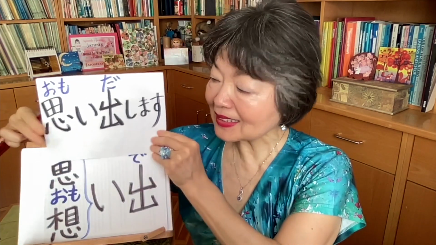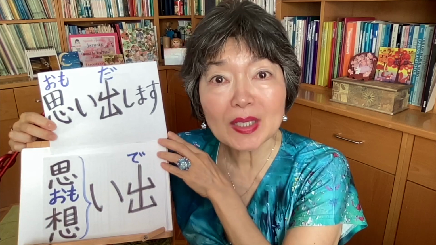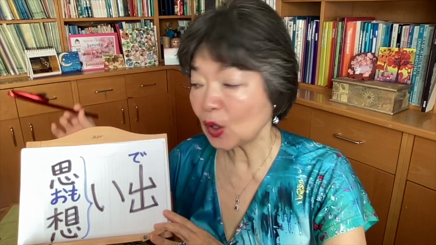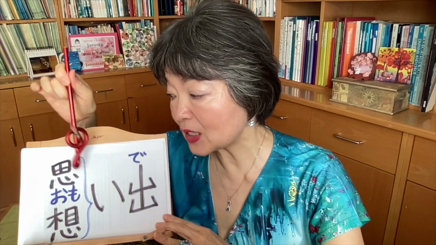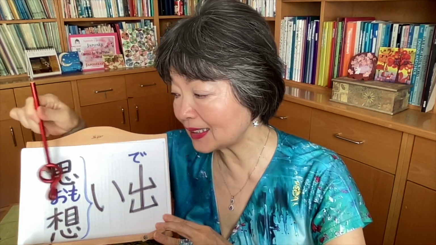From this verb 思い出します, there's a noun, 思い出, which means recollection or memories. To write memories in Japanese, we can use 2 kanji. The first one and the second one with this. We usually use this first kanji because it is included in the joyo kanji.